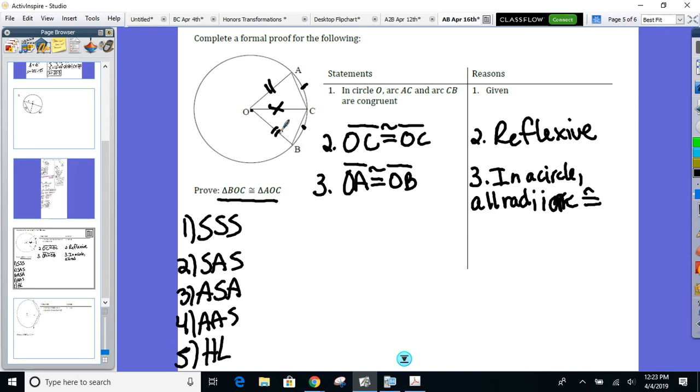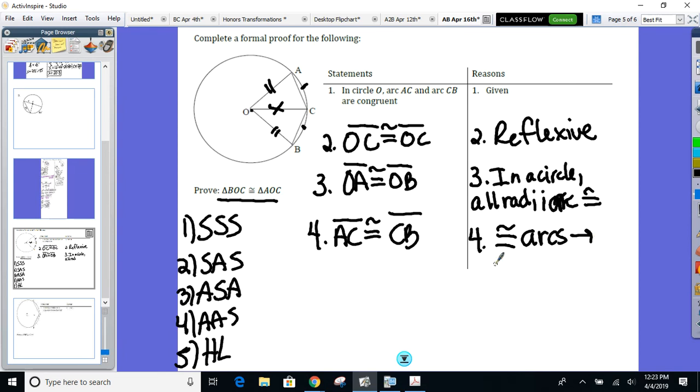All right, we could go a couple different ways from here. We could say because the arcs are congruent, so are the central angles. Or this is the way I'm going to go: since the arcs are congruent, so are chords AC and CB. And if you remember the theorem, think about it. What was I given? I was given congruent arcs, and I said that they imply congruent chords.